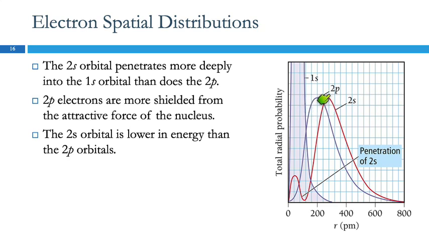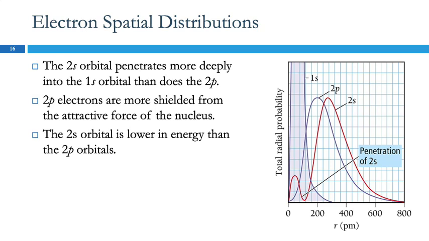And the s orbitals have a node in them. And so there's a node here, and so we've got this little bump that gets in here, which is deep down inside the 1s orbital. Although most of that orbital is larger and outside. But a little bit of it can penetrate into the space occupied by the 1s orbital. And so now I can see the full glory of the charge on the nucleus.